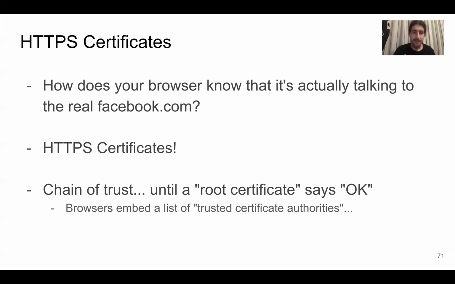Browsers in general embed a list of trusted certificate authorities within the browser themselves. These are hard-coded things that the developers of these browsers ship the product with. The rule is that if you have a communication that is signed by a certificate, which is signed by another certificate, which is eventually signed by one of these root certificates, then you're considered trusted.